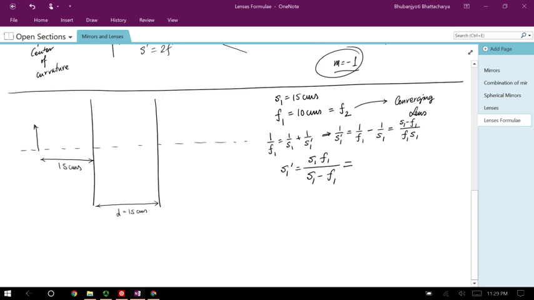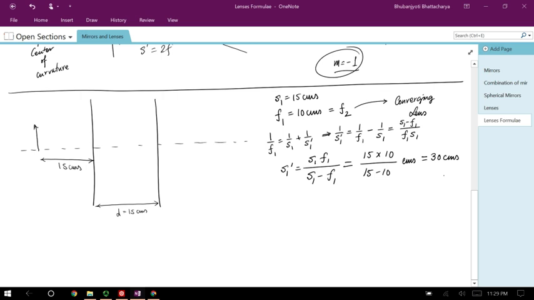At this point, we can plug things in. S1 is 15 and F1 is 10, so 15 times 10 divided by 15 minus 10, in centimeters. That's 150 divided by 5, which is equal to 30 centimeters.